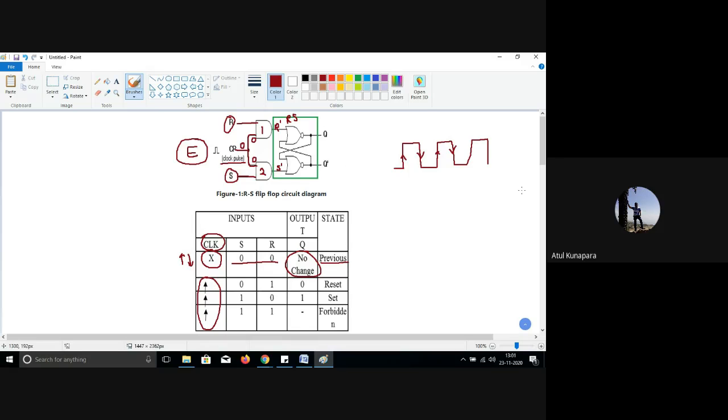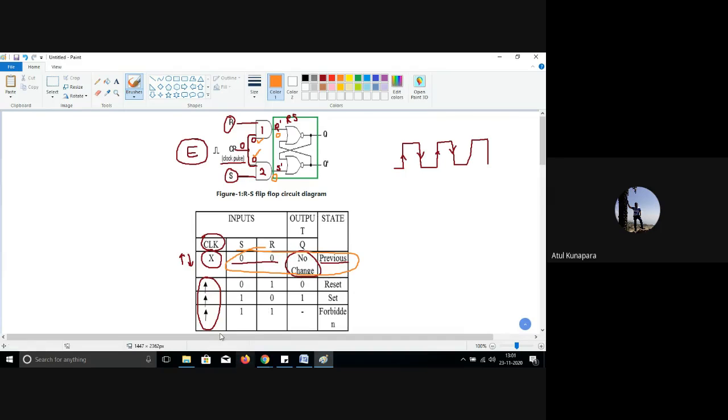And now whenever an AND gate is getting one input 0, your output will always be 0, isn't it? So when your clock signal is 0, the output here is going to be 0, and here also it is going to be 0, because one of the inputs of both the AND gates is 0. So that will be the first condition, and that's why your output will not change in that case.